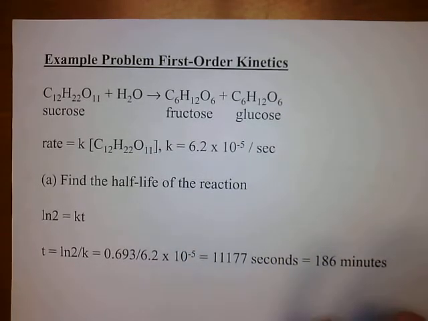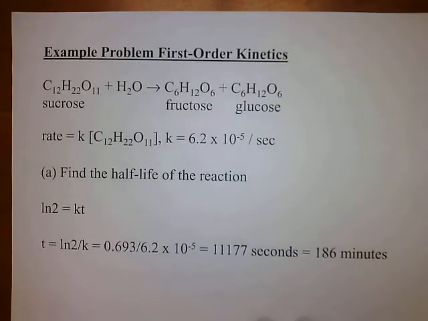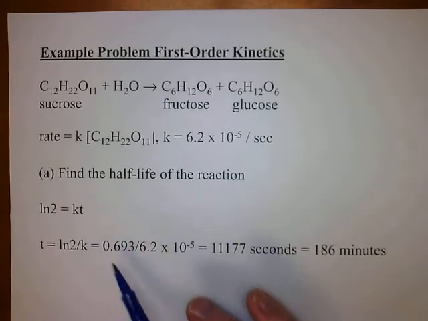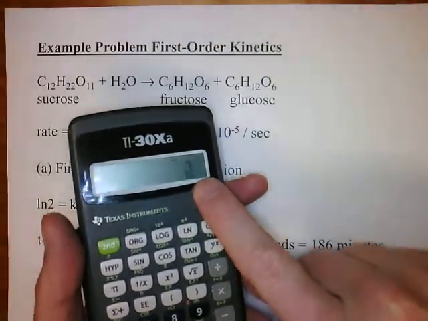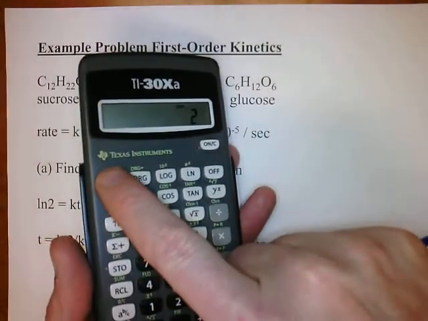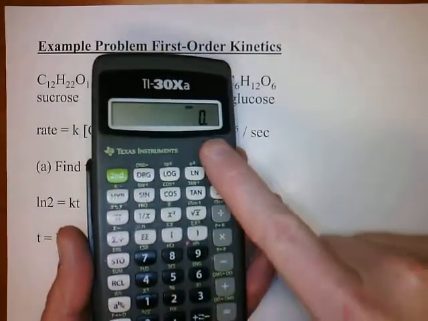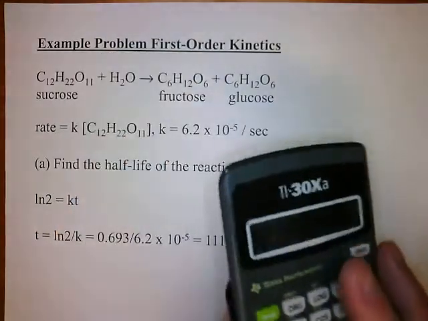So t1/2, the half-life, is ln2 over k, or ln2 is equal to kt. Rearrange that to solve for t. So t is ln2 over k, and the natural log of 2, you can figure that out on your calculator. The natural log of 2 is 0.693, right?